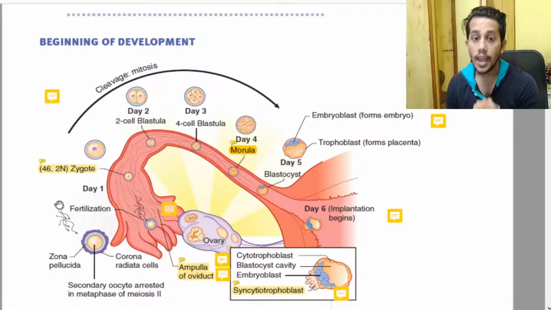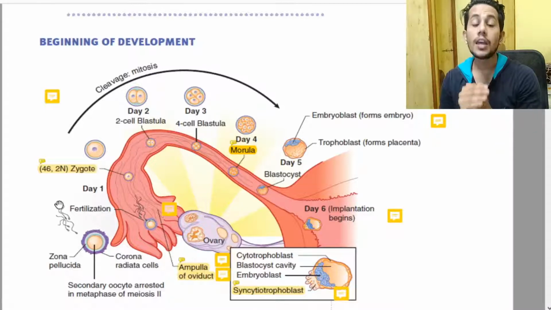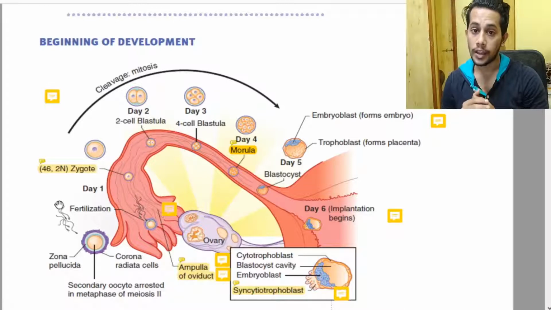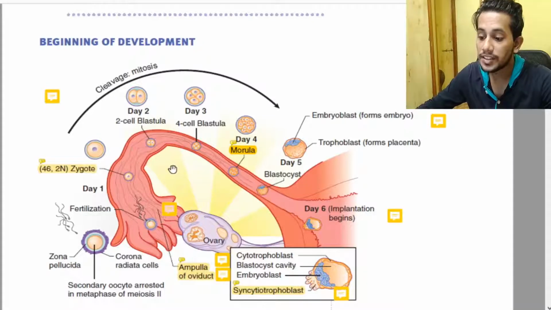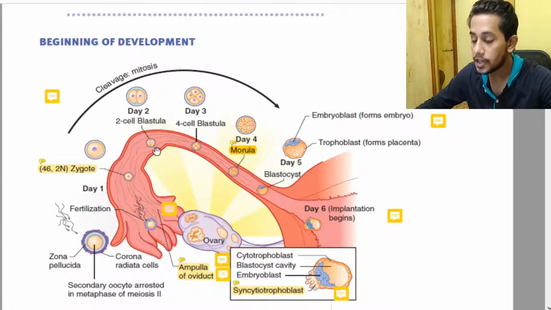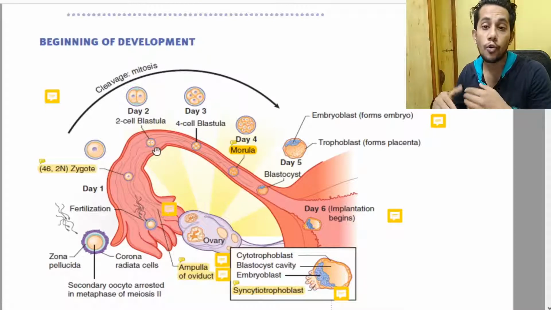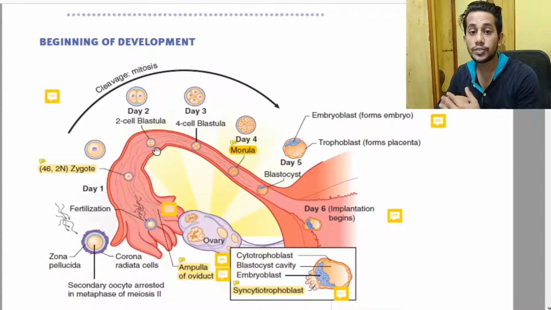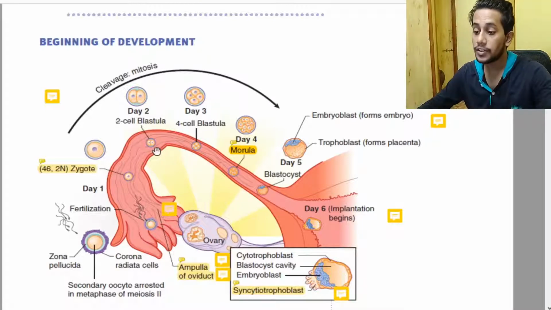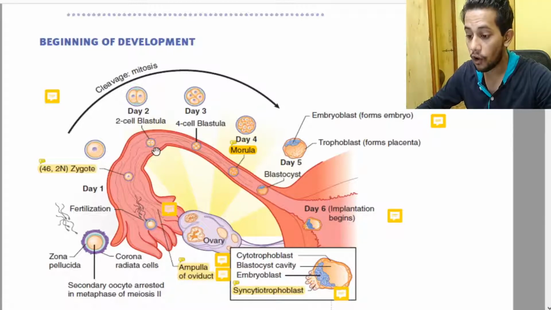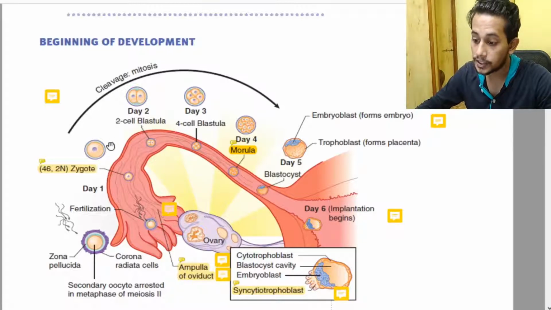But in this particular case, the cells do not go through the process of growing up before. So they do not enlarge and they do not develop, they do not grow before dividing again. So as you can notice here, the one cell goes on to become two, 2 goes on to become 4, 4 goes on to become 8, 16, 32, 64, and so on. But as you can see here, the zygote is a big one.